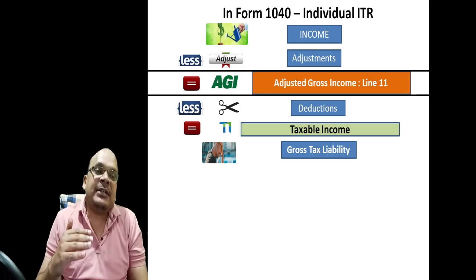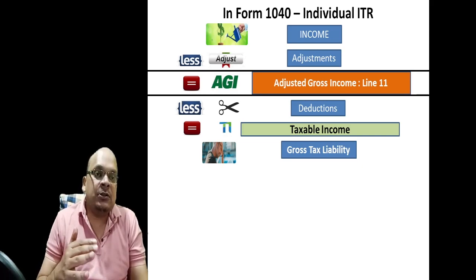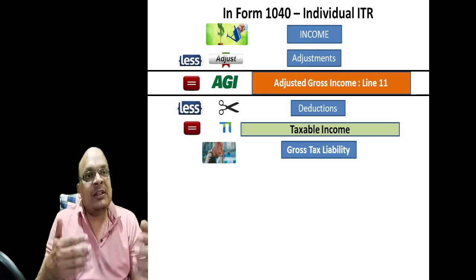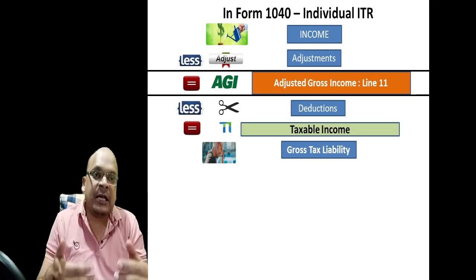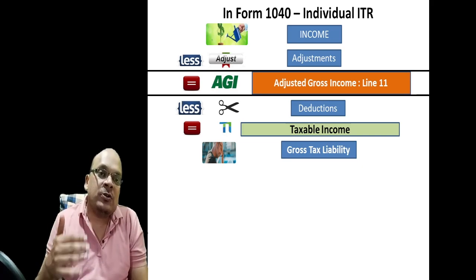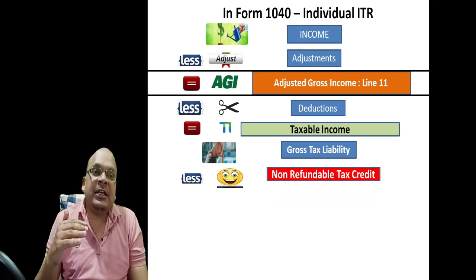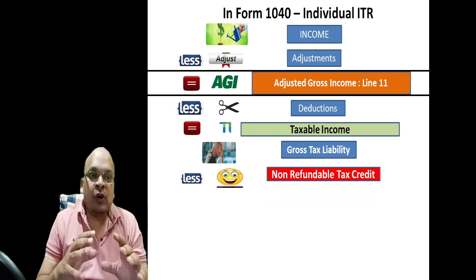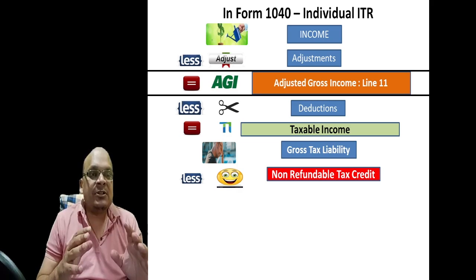So this is the taxable income, and you apply the tax rates as per the tax rate slabs available for that particular tax year, and you get the gross tax liability on this taxable income. On this gross tax liability, you apply certain credits. If you're not aware of the credits, this is the part 2 video.